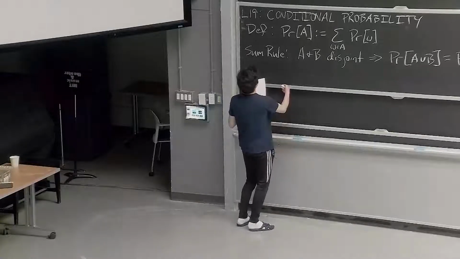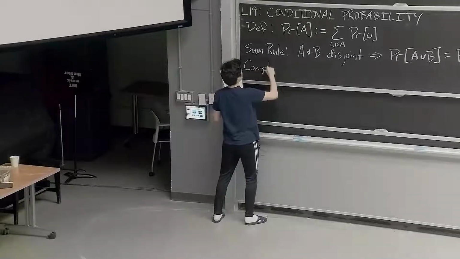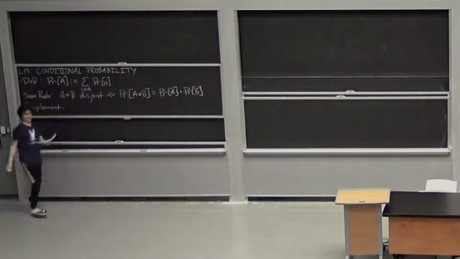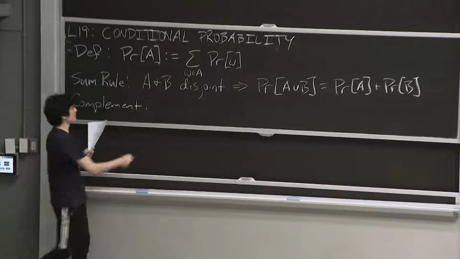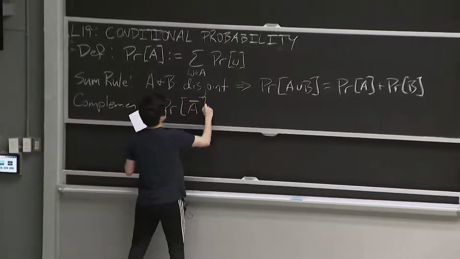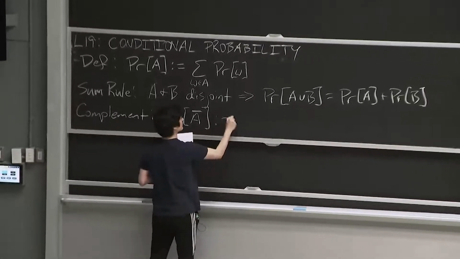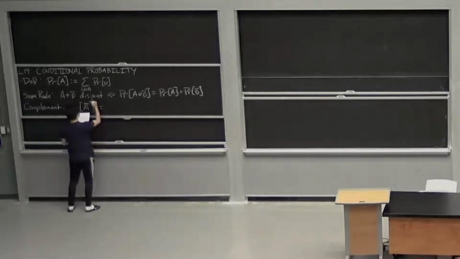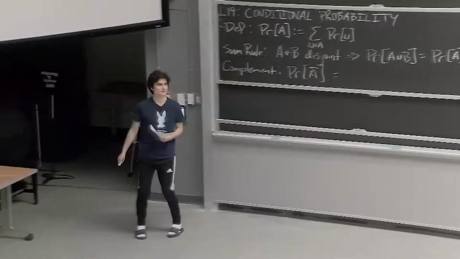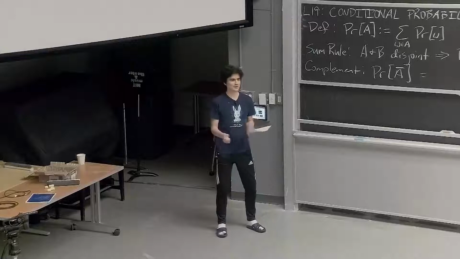Okay? We also have the complement rule. So if we have some event A, what do we think the probability of the complement of A is? So the probability that A doesn't occur. What's the probability of not A?